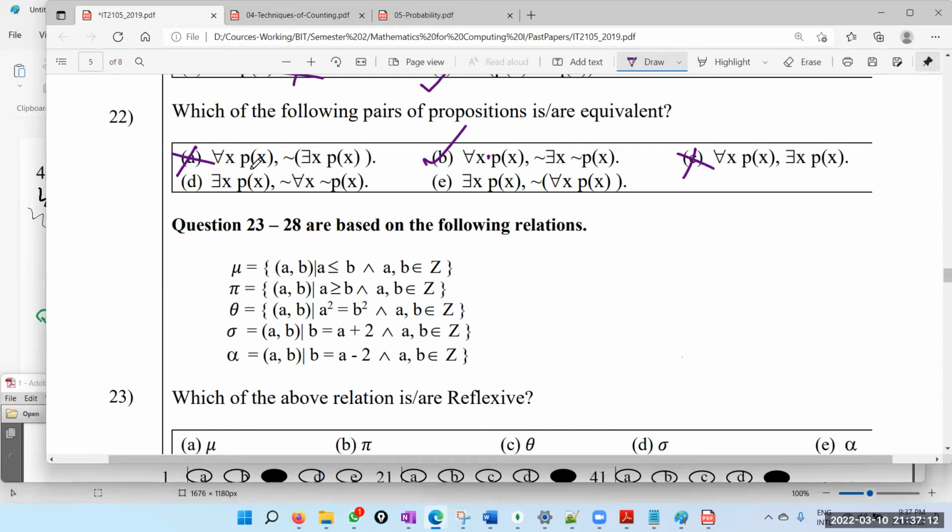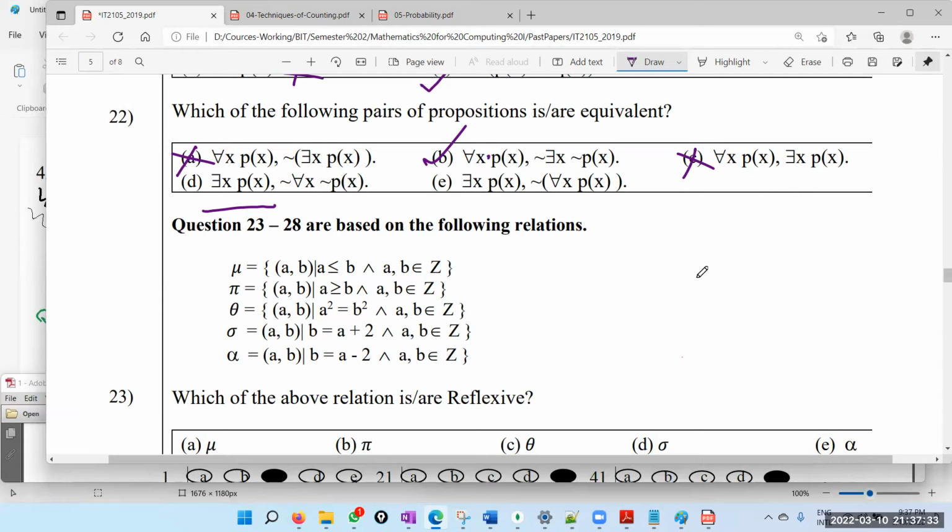Px exists. That means at least one x is Px. Right? At least one Px is existing. This says not Px are not all. So here it says at least one Px is there.